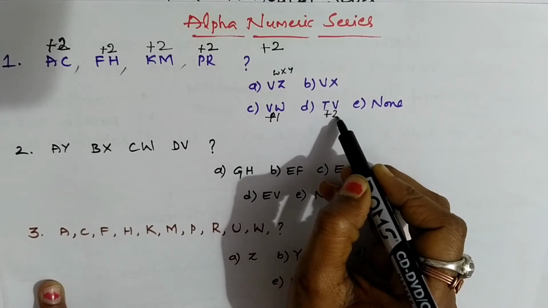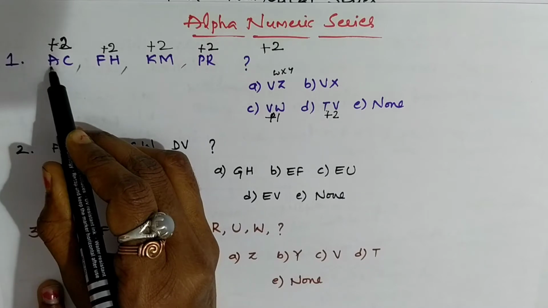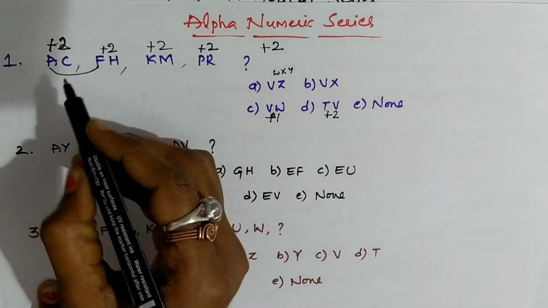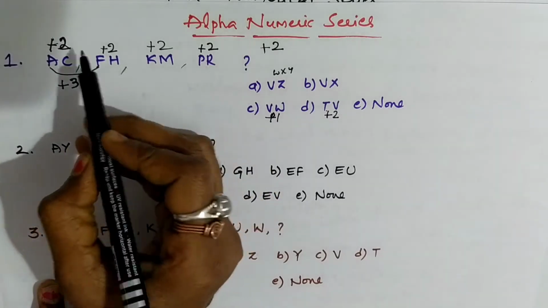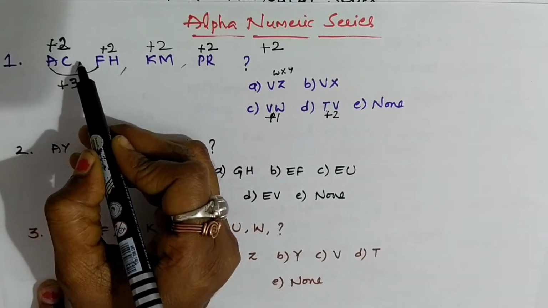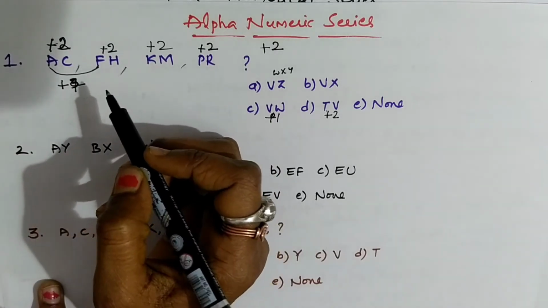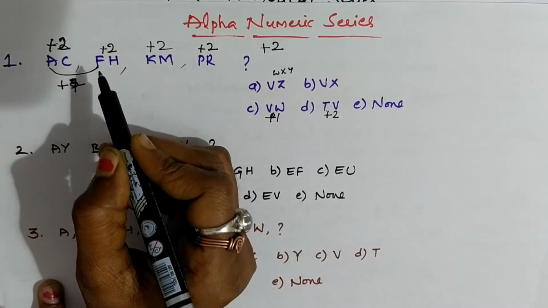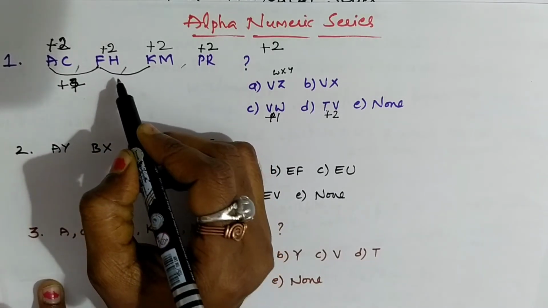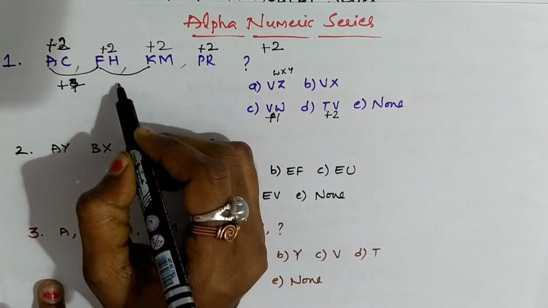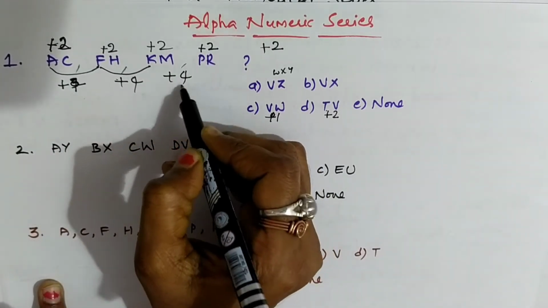Here +2. But between A and F we have a difference of +4: B, C, D, E. Here F and K, G, H, I, J, +4. K and P, +4.